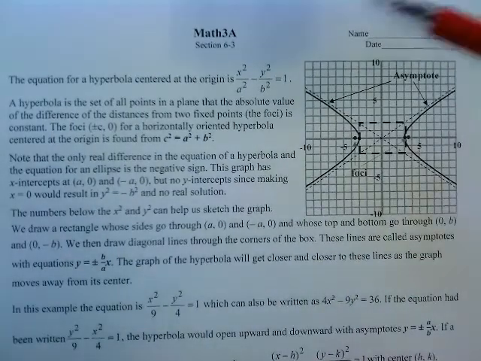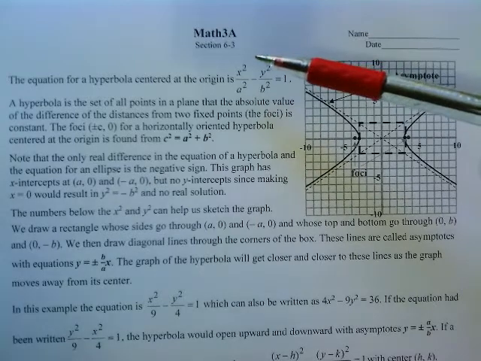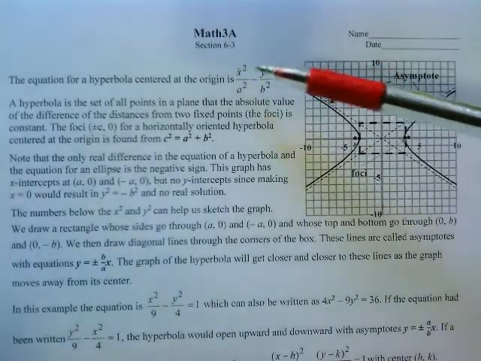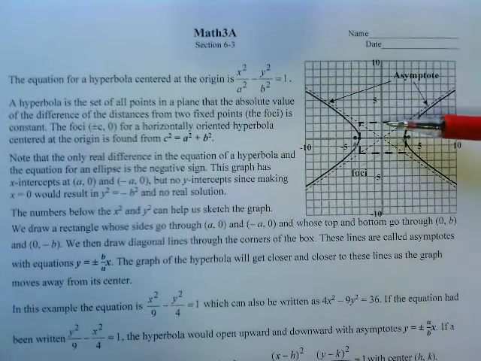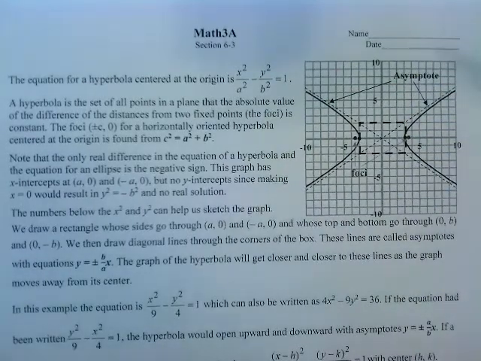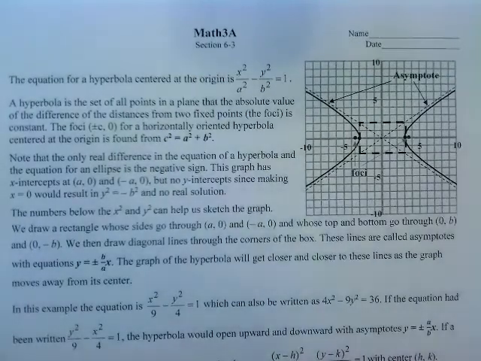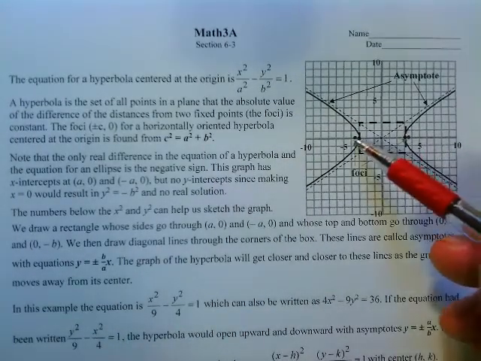If it turns out that instead of x squared subtract the y squared, it's y squared subtract the x squared, then it would open up and down for the two curves. A hyperbola is a set of all points in a plane that the absolute value of the difference of the distances from two fixed points, the foci, is constant. In this case, here's our foci here and here.